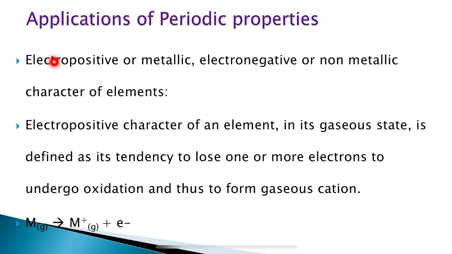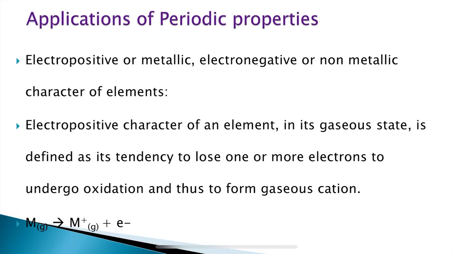What is meant by electropositive or metallic character? The electropositive character of an element in its gaseous state is defined as its tendency to lose one or more electrons to undergo oxidation and thus form a gaseous cation. We have already discussed this while understanding ionization energy, where an electron is removed from an isolated gaseous atom.